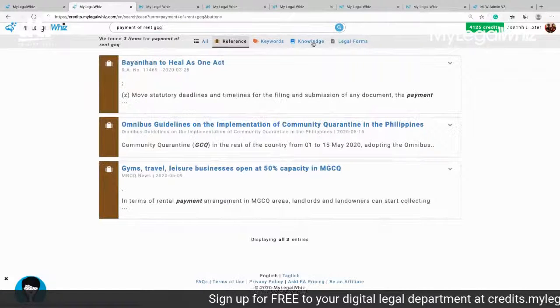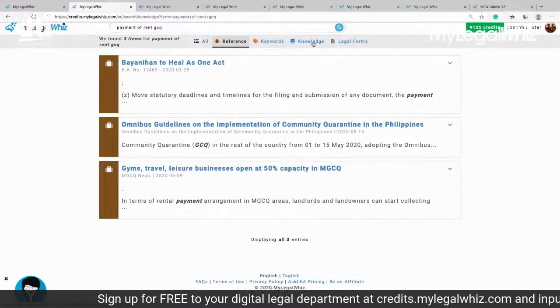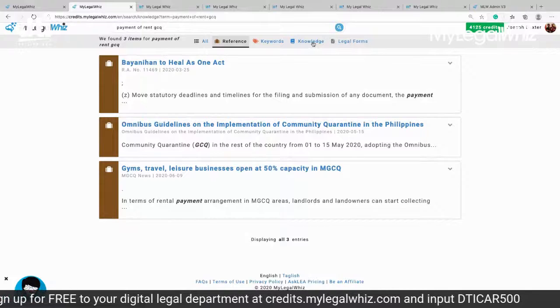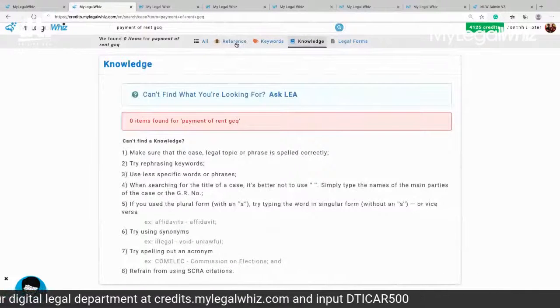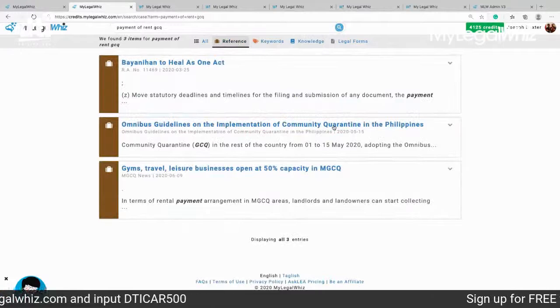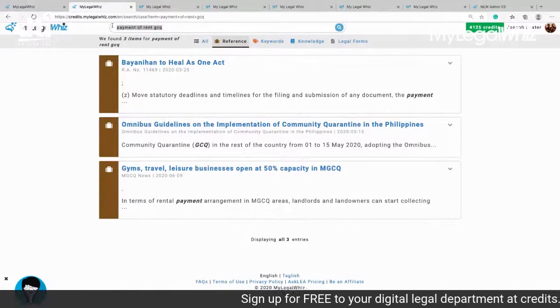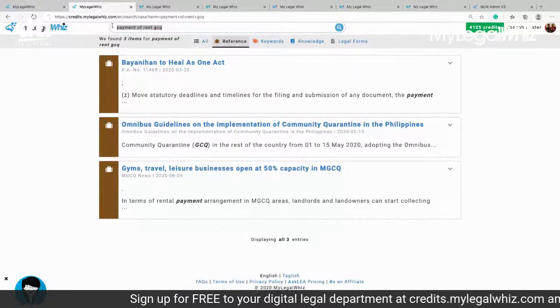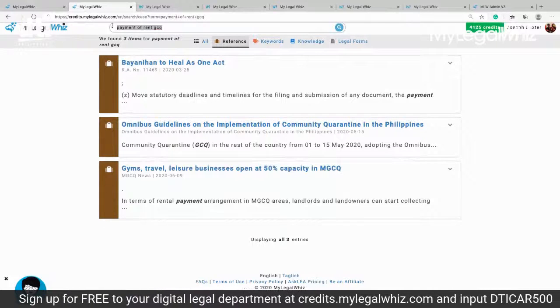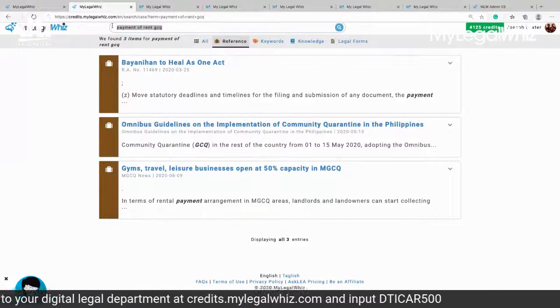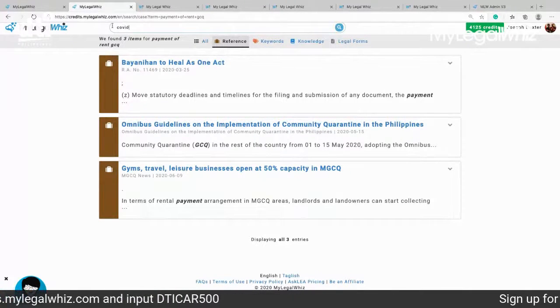Lahat po, yung operations niyo po, there's a legal aspect to everything that you do. So, instead of having to ask a lawyer, who sometimes can be also very busy, especially ngayon that they're also trying to adjust to the new normal, this has been a whole lot easier and a whole lot faster, I think, and it saves a lot of time and resources.